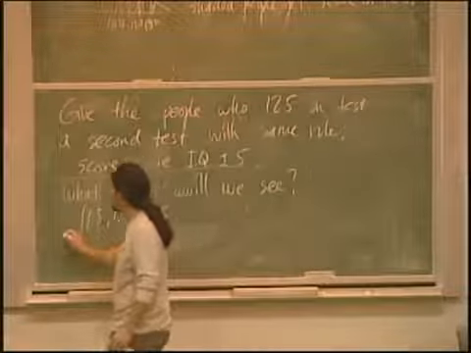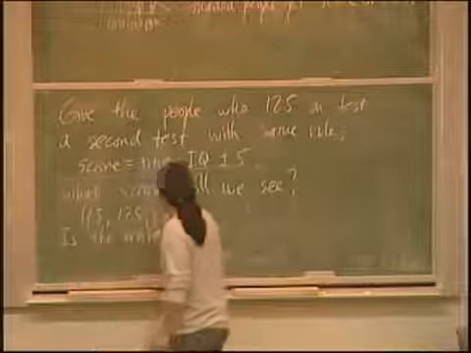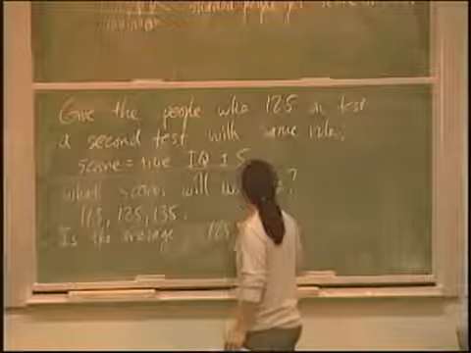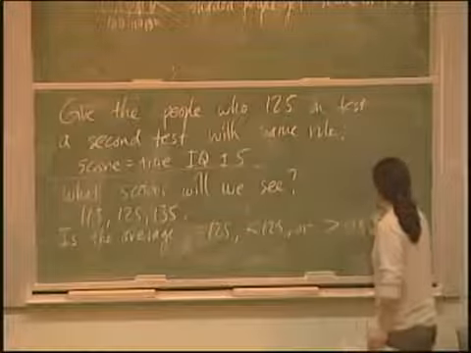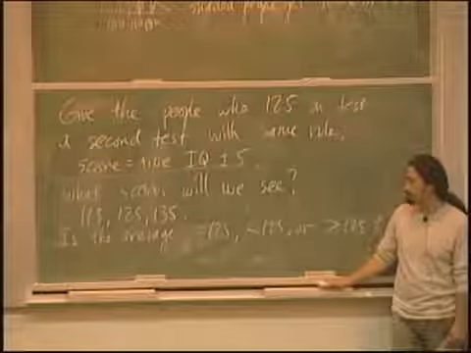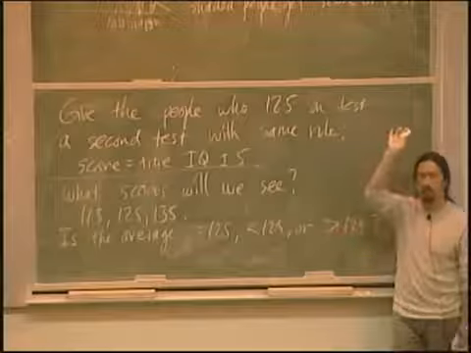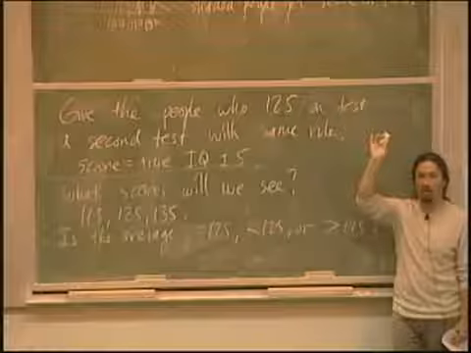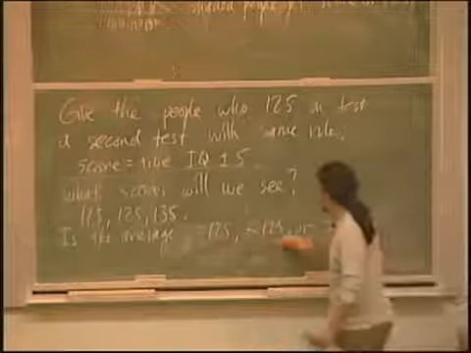So is the average equal to 125, less than 125, or bigger than 125? I'll make you vote again. Think about it for a second. So who says equal to 125? Who says smaller than 125? And bigger than 125? Good. So it's smaller than 125.